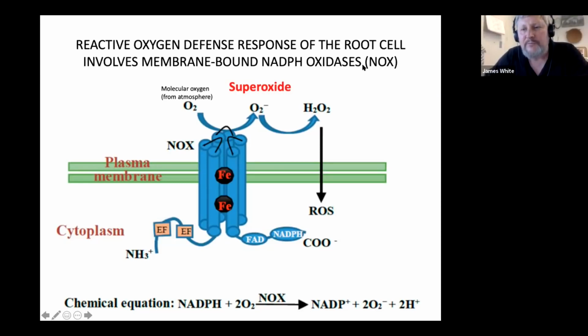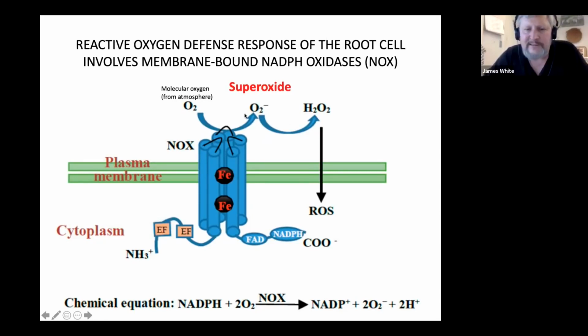Because superoxide is necessary for the rhizophagy cycle, if plants don't have oxygen in the soil, if they don't have good aeration, they cannot use this enzyme to produce superoxide, because it takes molecular oxygen and converts it into superoxide.